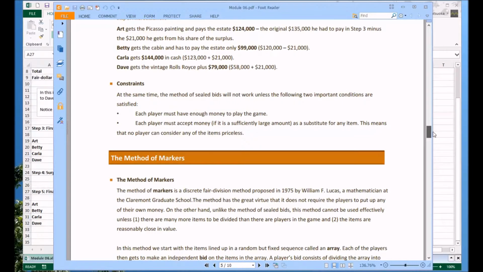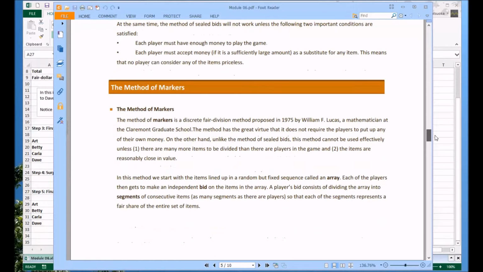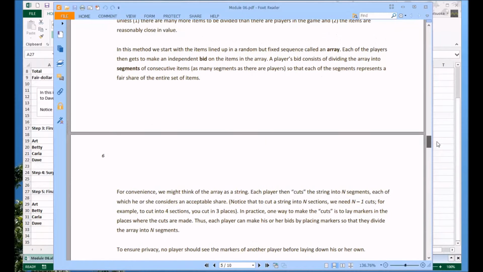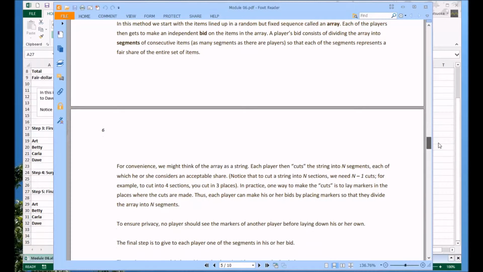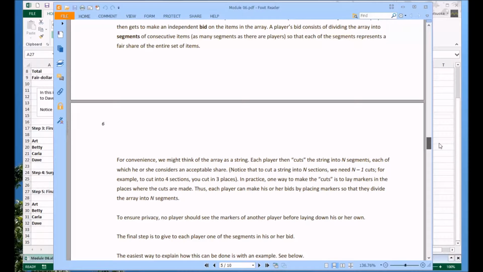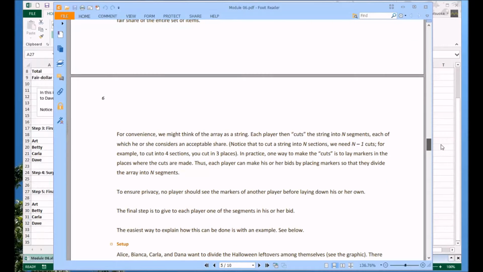So let's move on to the method of markers. Here's the setup. Basically, you place the markers, and how many markers would that be? Well, if there are 4 players, say, then capital N would be 4. And how many markers do you need?